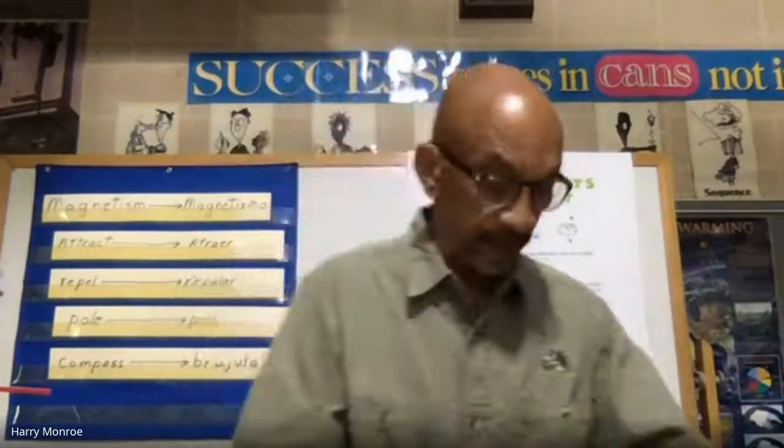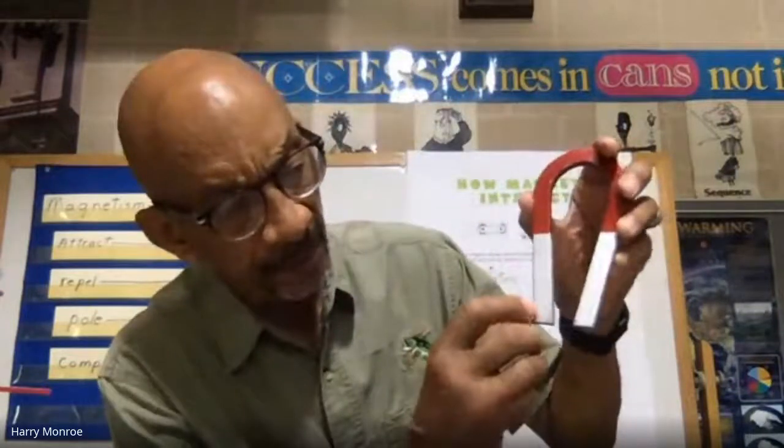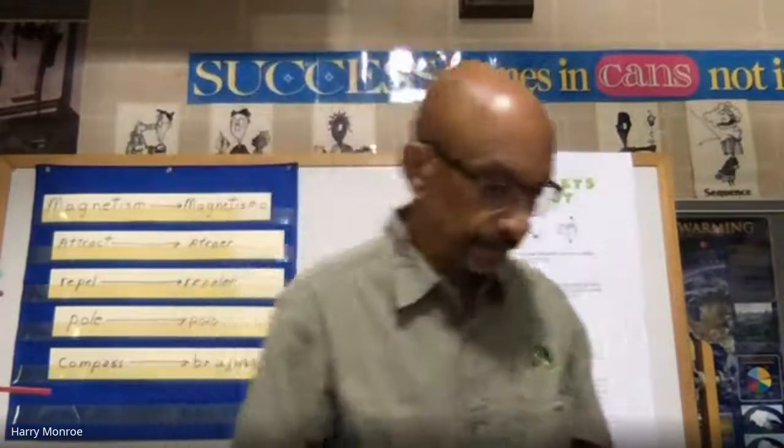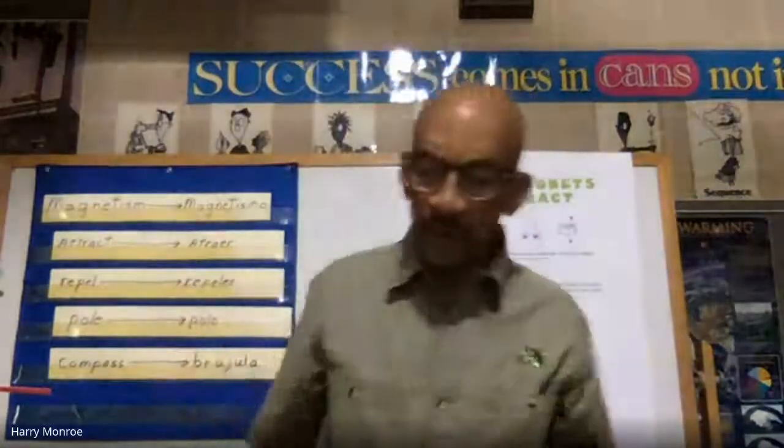That's where the strongest pull, the strongest force, is located. On a horseshoe magnet, they are across from each other. There's an S here and an N right here. And on the ring magnet, one side represents the S, the other side the N, North and South Pole.